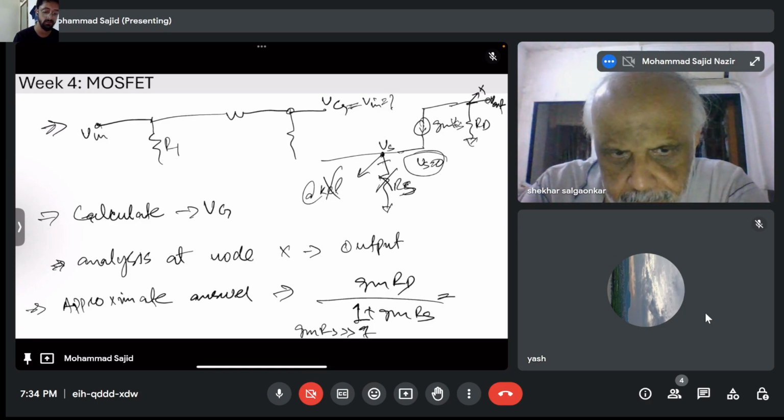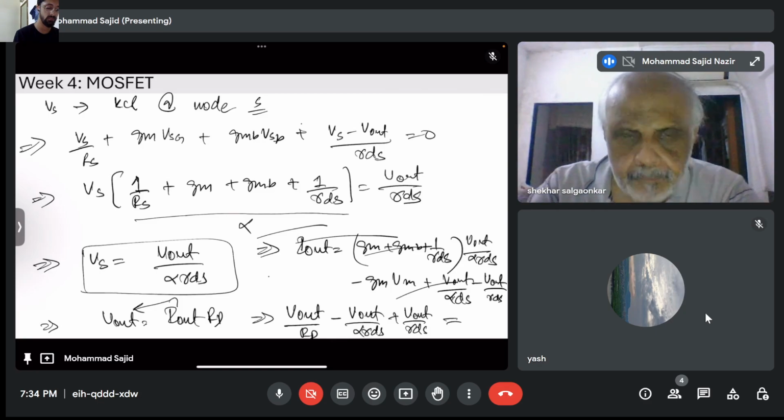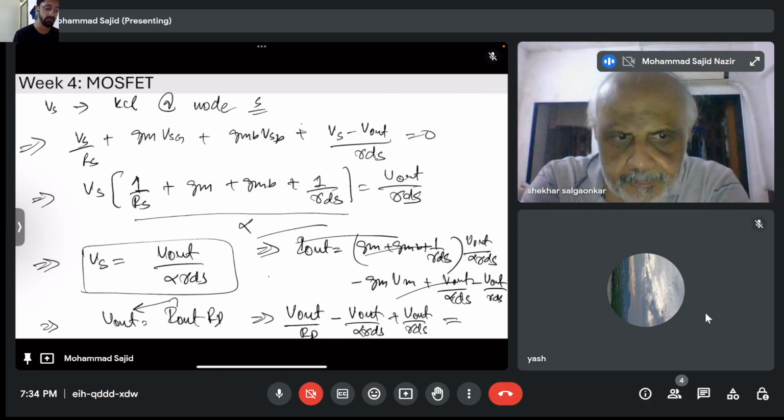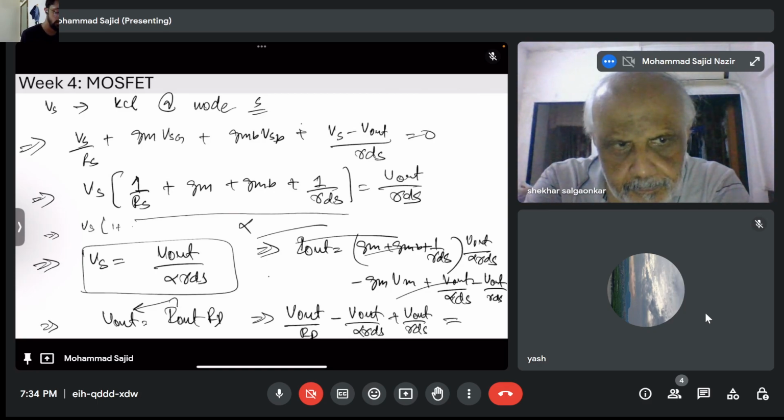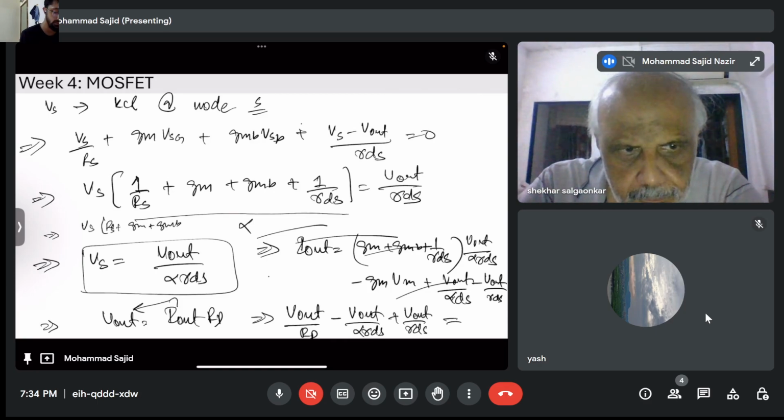You can just simplify it to RD by RS. For example, let's say this is 1 plus GM plus GMB RS. If I do a small bit of analysis, I can write it as 1 plus GM, not 1 plus RS plus GM plus GMB RS.